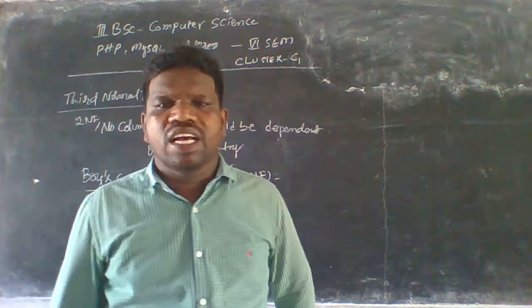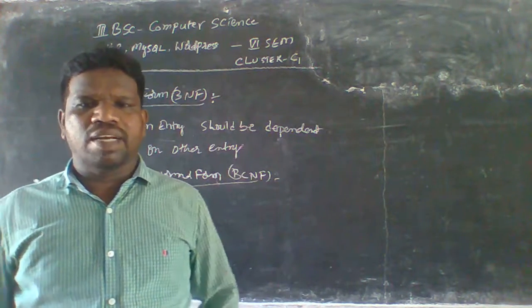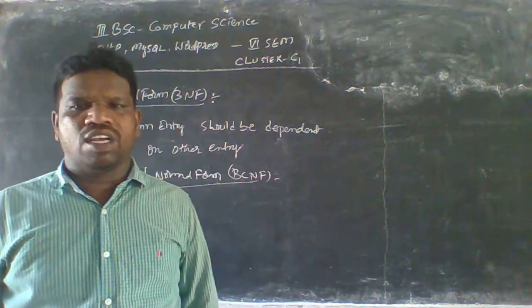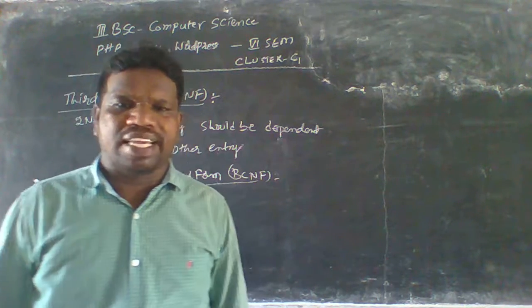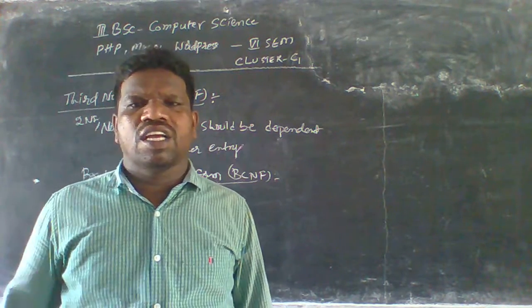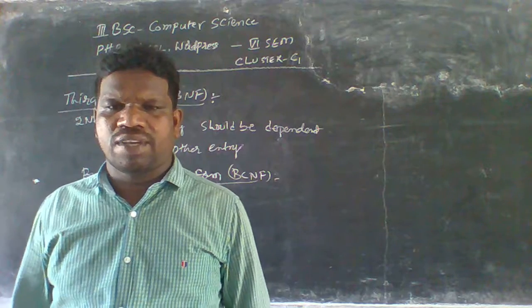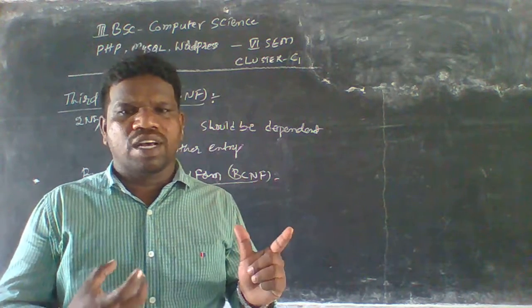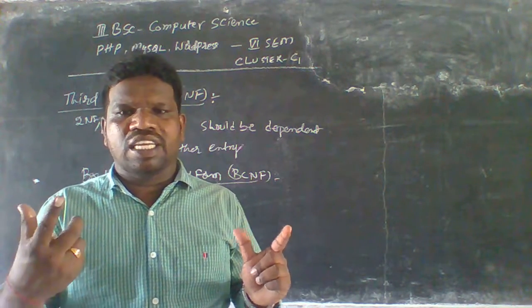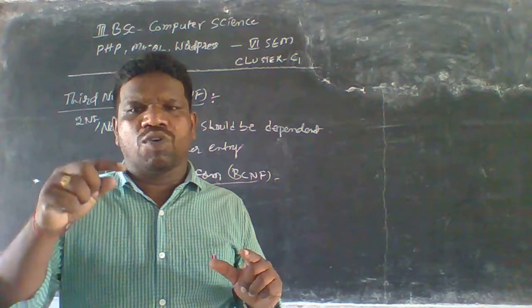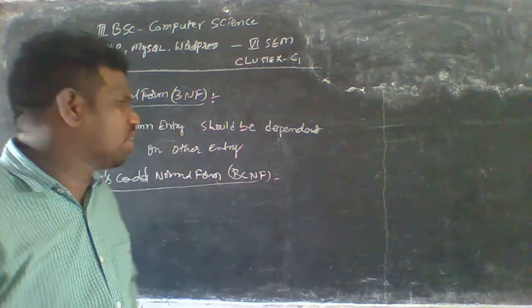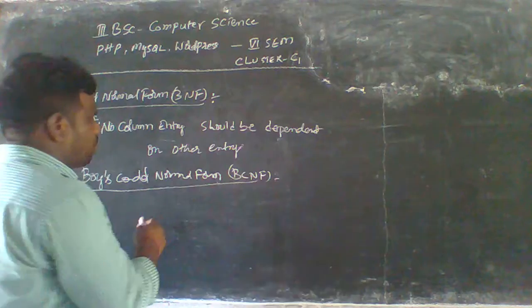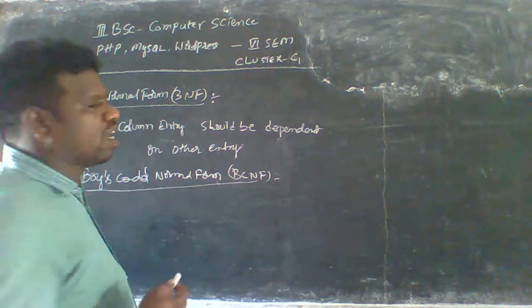On top of the third normal form, the tables in the database should have only one primary key. That is what we call the Boyce Codd normal form.